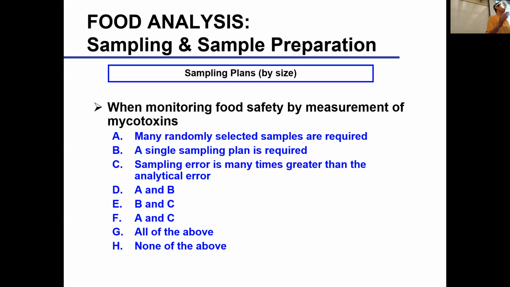The analytical error there is not as huge, but if you make a sampling error, the decision has more impact.